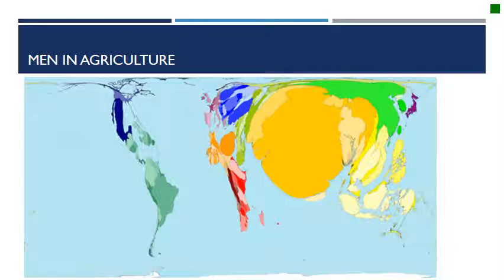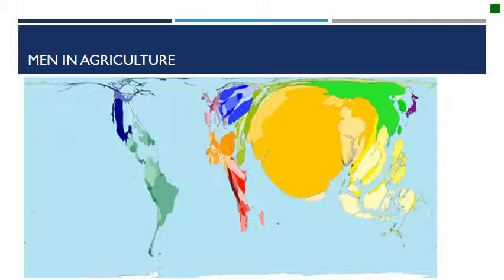Now let's compare it to the men working in agriculture. This map of where the men who are farmers live and work shows a broadly similar distribution, where you have a large population in India also working in agriculture. However, a larger portion of male agricultural workers in the world are also found in Brazil and Colombia, as well as Mexico, as compared to the female.